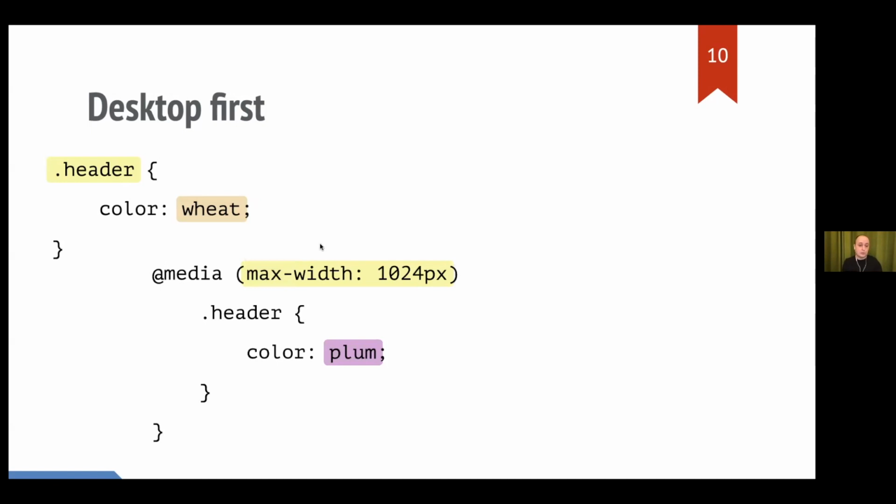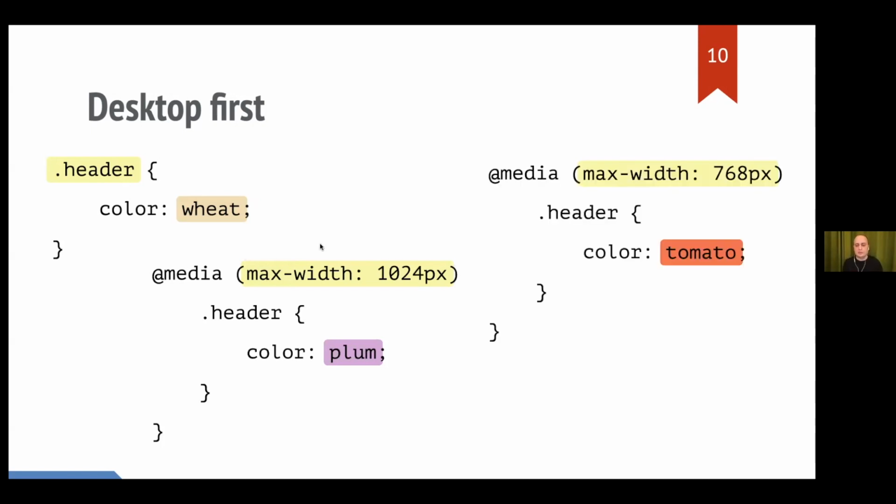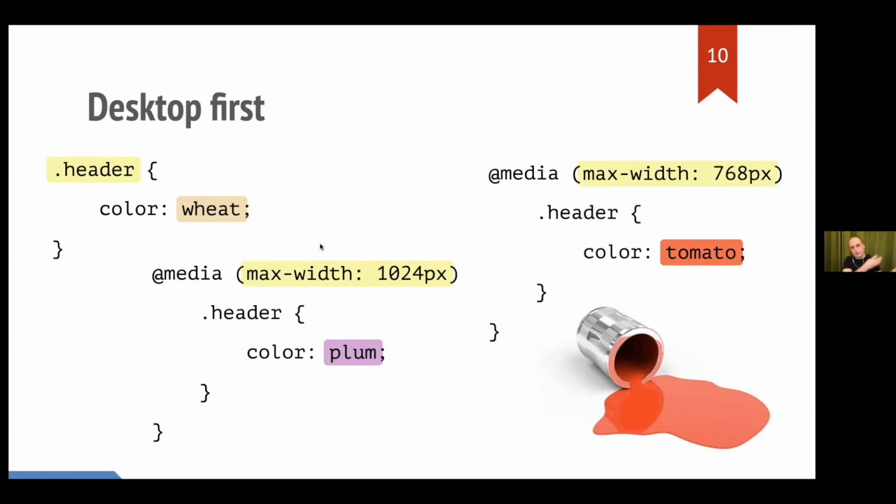So you're starting from desktop and you're going towards tablet and then mobile, and you're getting pretty much the same result. And again, it's the same messy thing. You have to override your styles, but you're starting from desktop and you're going not from 0 to infinity, pouring your paint buckets all over the place, but you're actually going towards the 0. But it's the same thing.